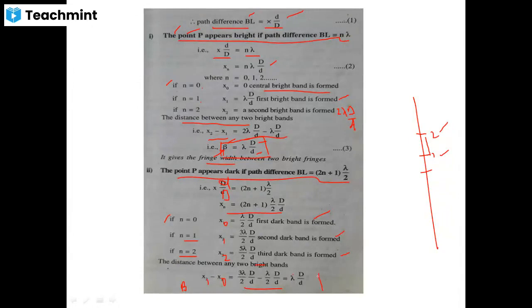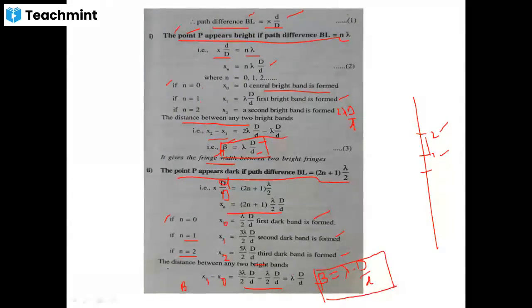So finally we got beta equals lambda into capital D divided by small d, the expression for fringe width in the case of a dark band. Now if you compare this equation with the previous one, both are exactly the same. It means the fringe width is the same for dark bands and for bright bands.